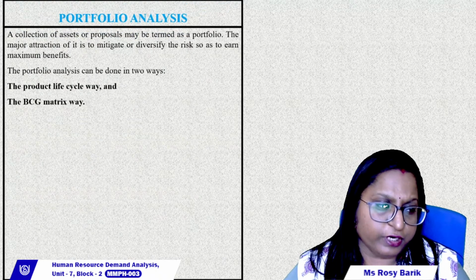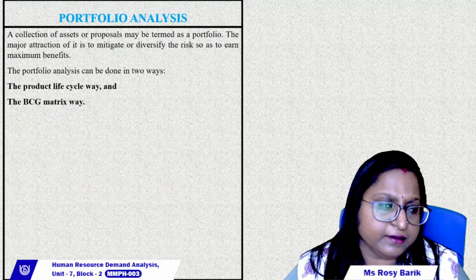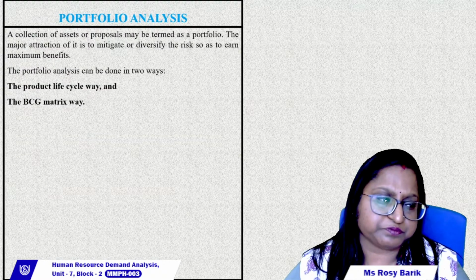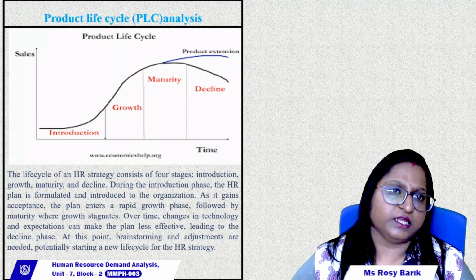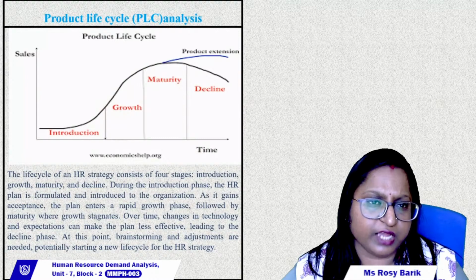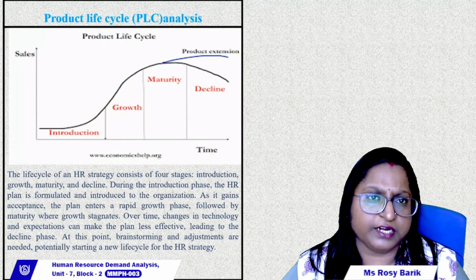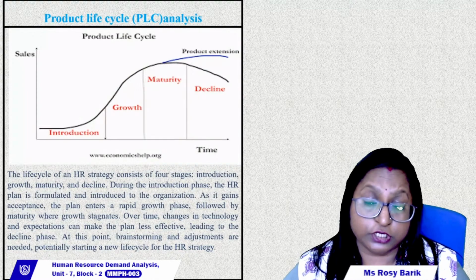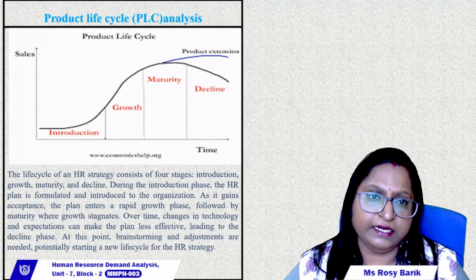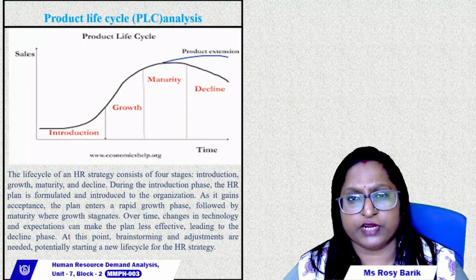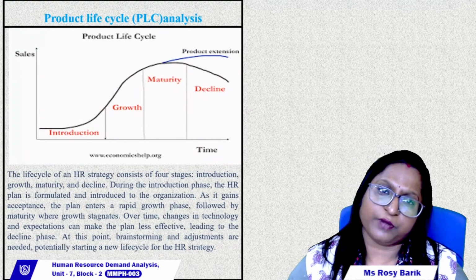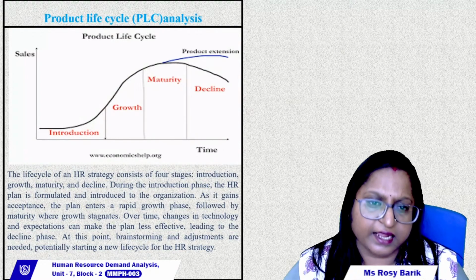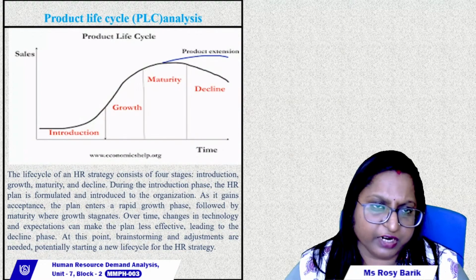In portfolio analysis, we have calculated the product life cycle and the BCG matrix, and in the product life cycle analysis, we have calculated the different stages of the products, that is introduction, growth, maturity, and decline. But nowadays, instead of declining, the product they are doing product extensions, so that the HR gap can be filled.